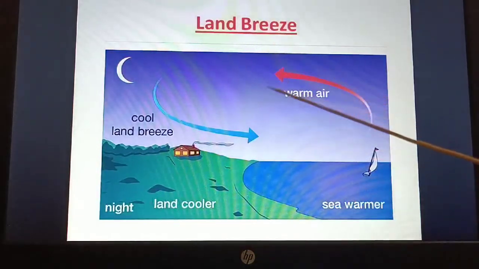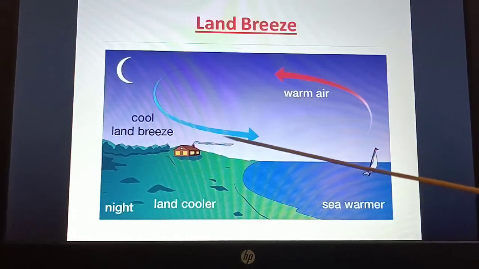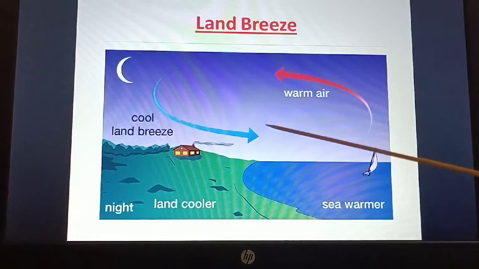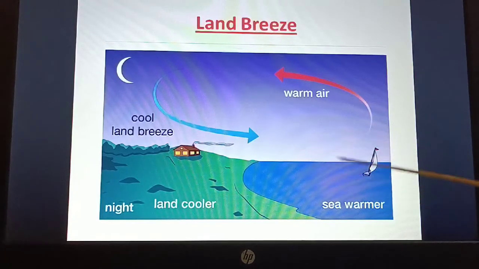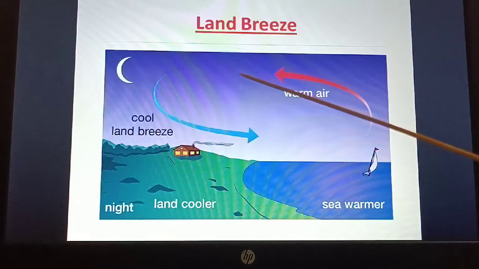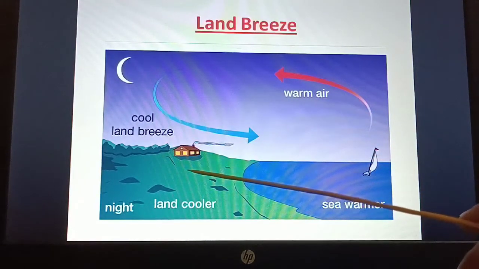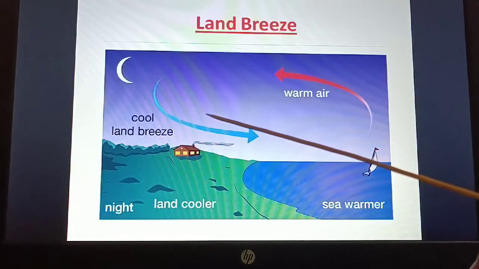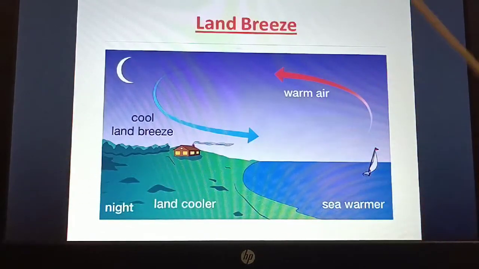But at night, from the land the cold breeze moves towards the sea, and whatever warm air is present above the sea will move towards the land. So that is the land breeze and the sea breeze.